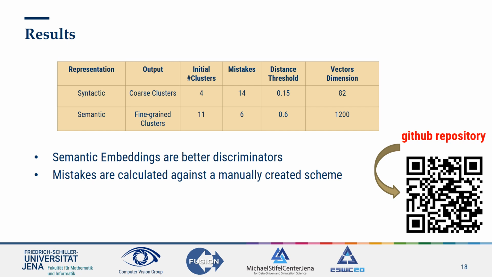To summarize the results, the semantic representation yields more fine-grained clusters, and yet fewer mistakes compared to the syntactic representation, but of course such vectors are higher in dimension. The number of mistakes shown here is compared to a manually created schema for the same dataset.